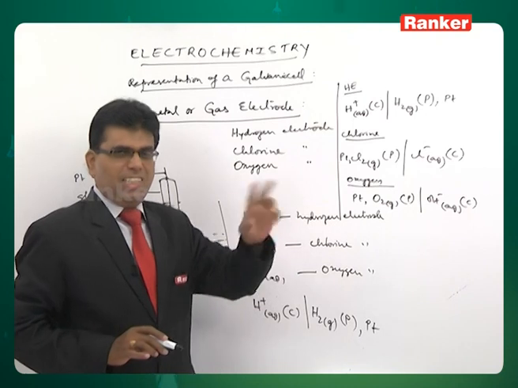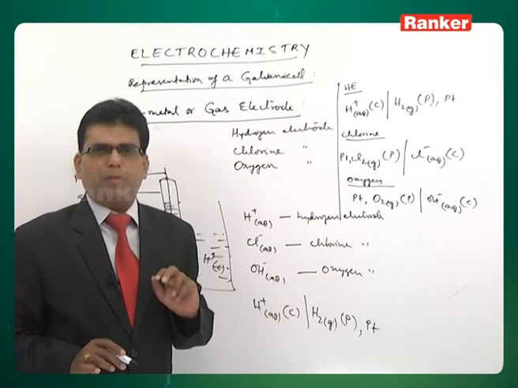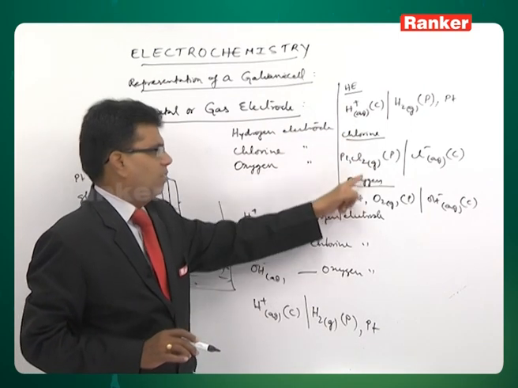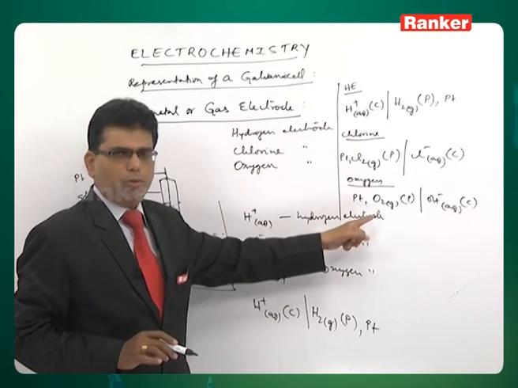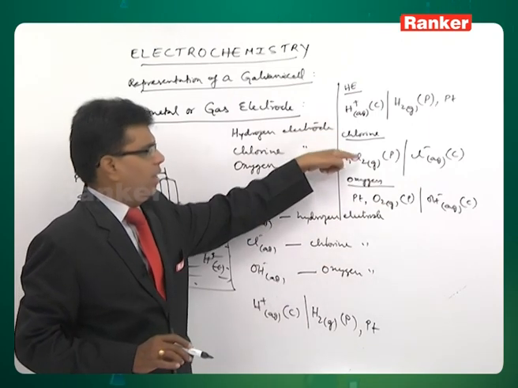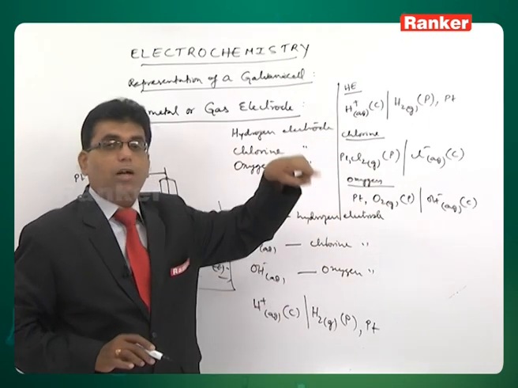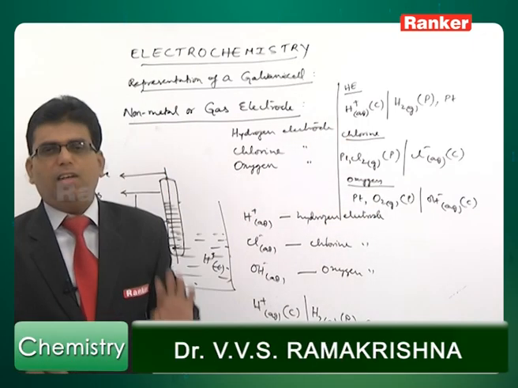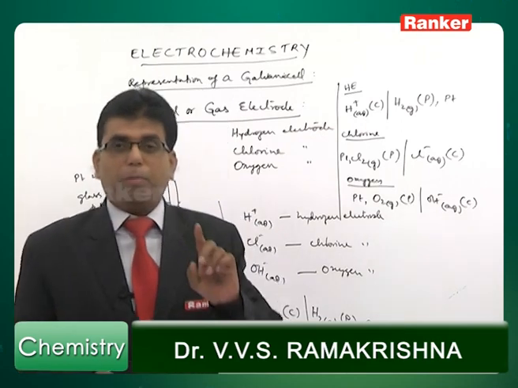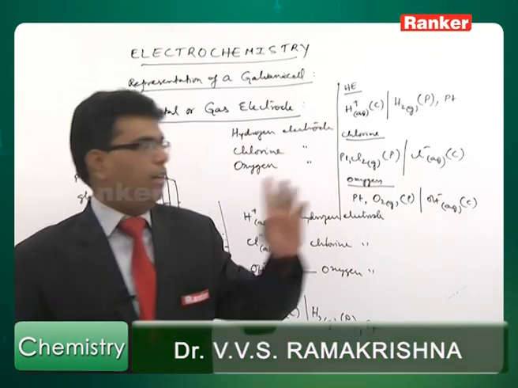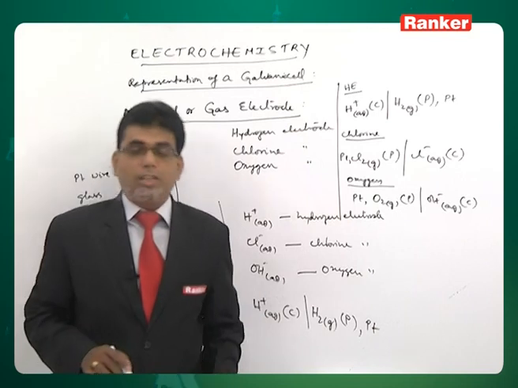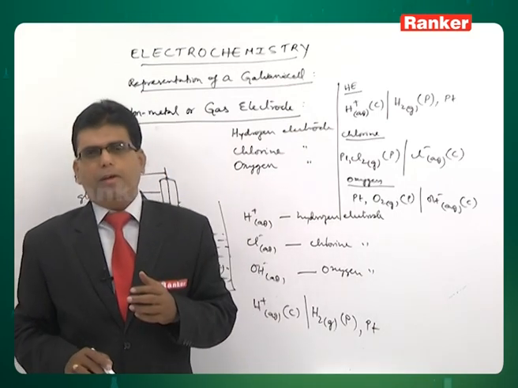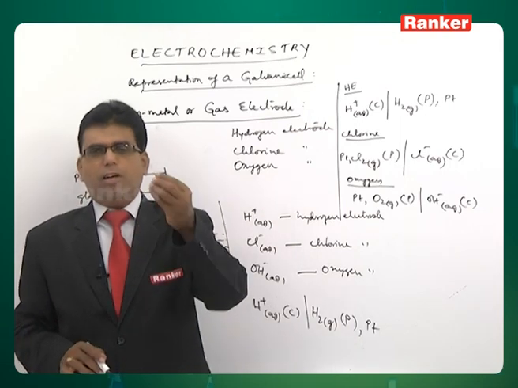Now, like the zinc and copper combination that we have seen in the previous case, instead of copper, any of these can be used as cathode, or copper can be coupled with any of these three, where copper will act as anode and any of these three will act as cathode. It all depends on the reactivity, the electropositive character.